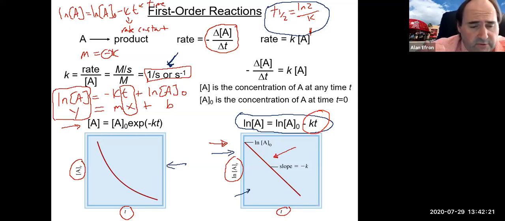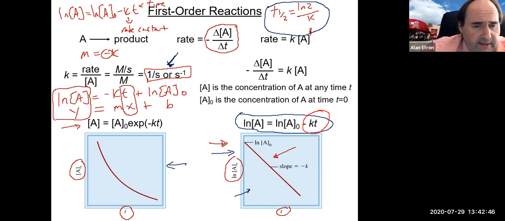You could even use those rates, counts per second, so it doesn't always have to be concentration. But typically when we focus in on chemical kinetics, we're doing regular chemical type reactions. So usually we think of it in terms of molarity as being the unit that's there. But as we saw in that nuclear chapter, it can be a wide variety of units that you could place into there.